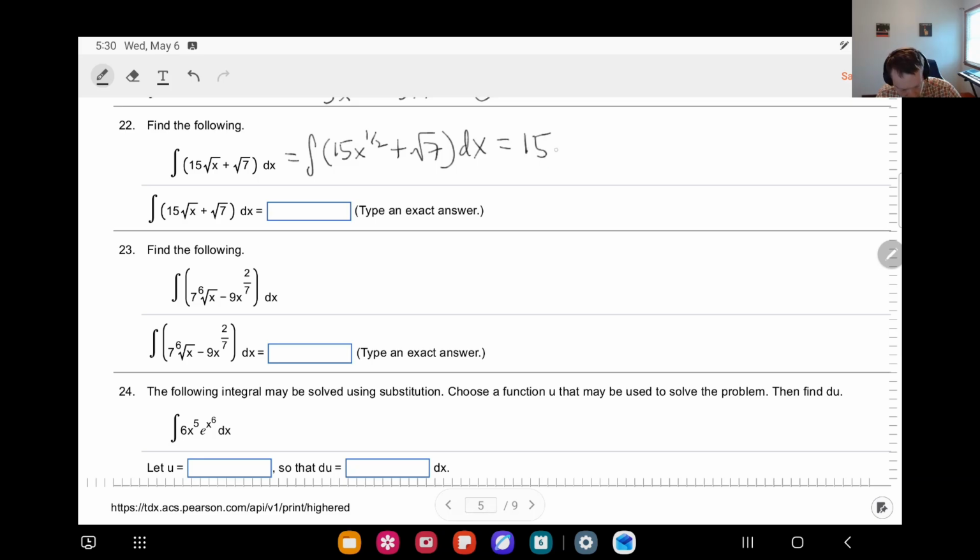So I've got the 15, and then I add 1 to the exponent, so that's x to the 3/2. Then divide by this new power, 3/2. Don't let this square root throw you off. That's just a constant, square root of 7. So we get root 7 times x plus c.